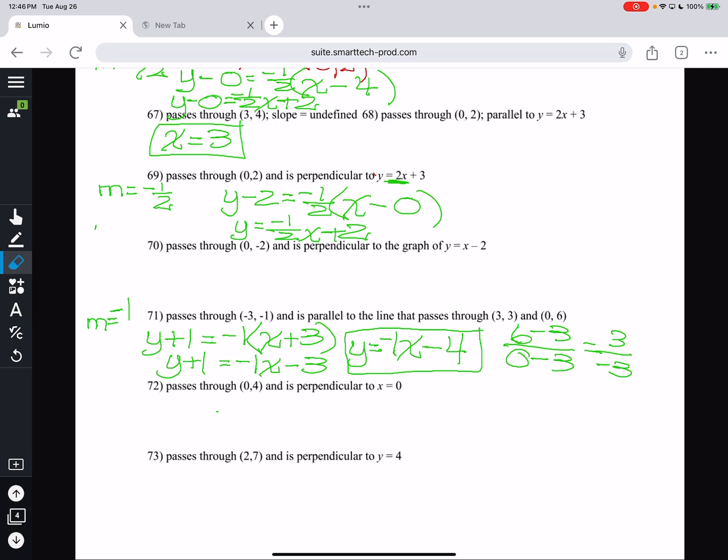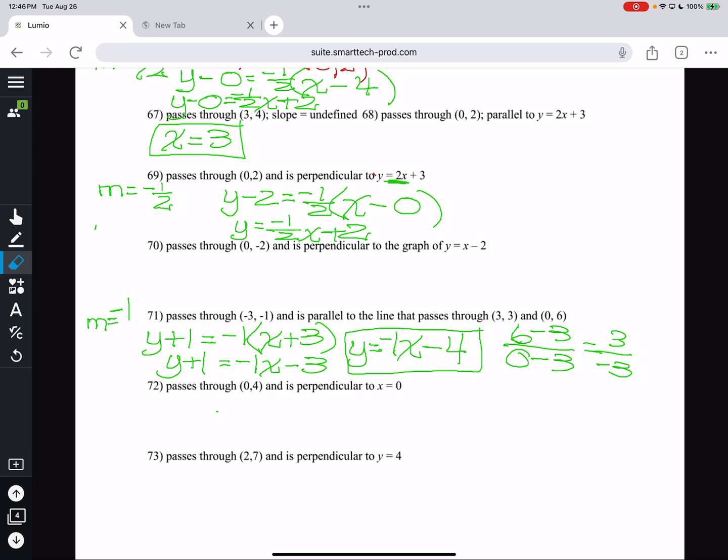73. It passes through 2, 7. Excuse me. And is perpendicular to y equals 4. What does y equals 4 look like? Horizontal. What does perpendicular mean? Not the same.